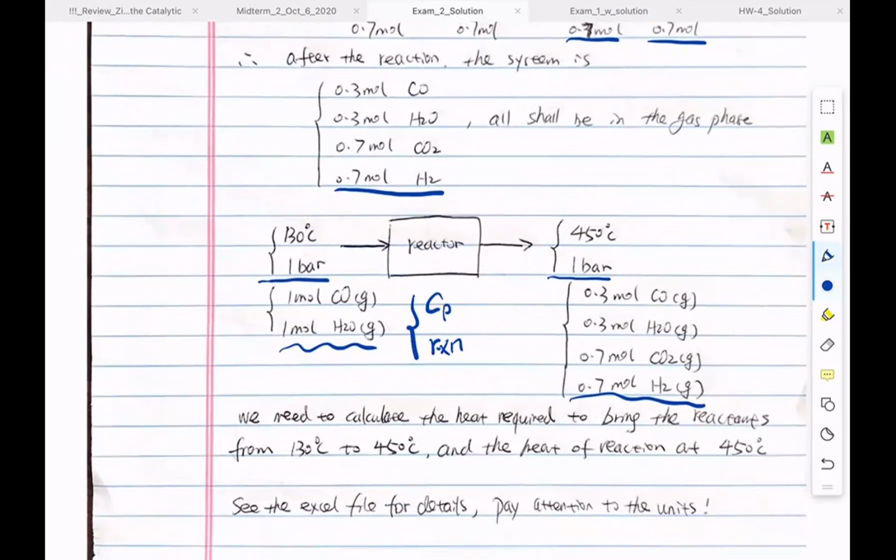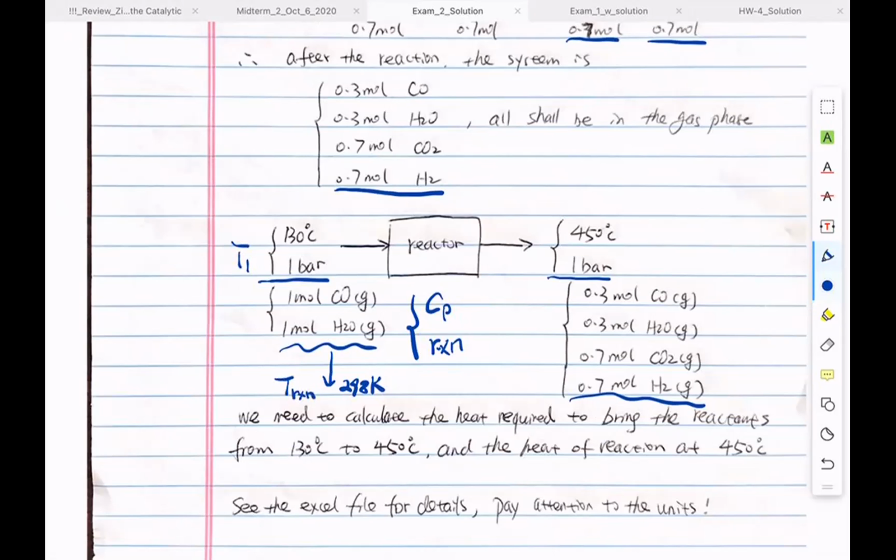One is we try to bring the reactants to 298 Kelvin, right? So this is T1, this is the T reaction.